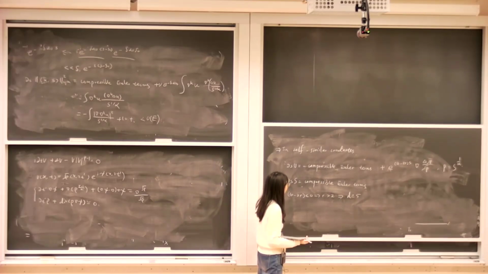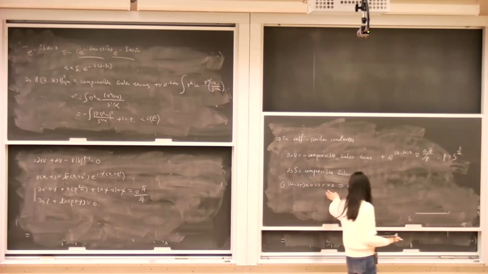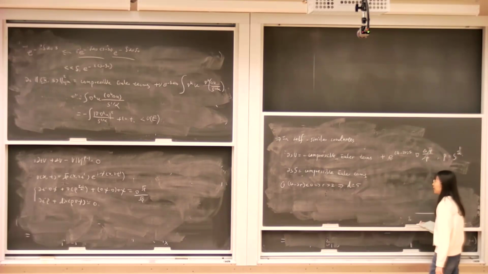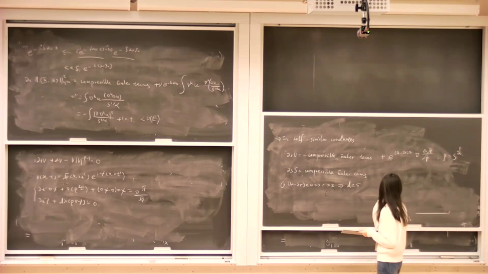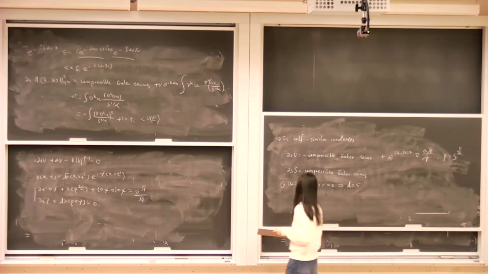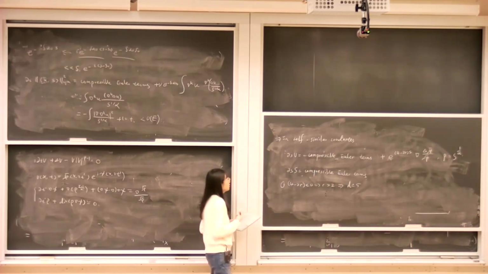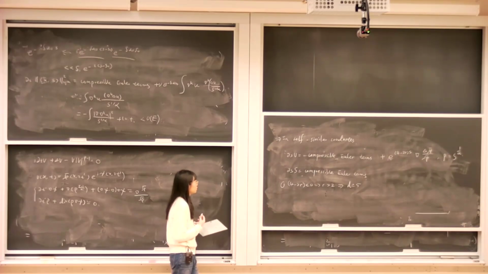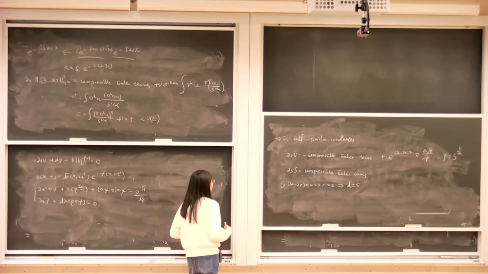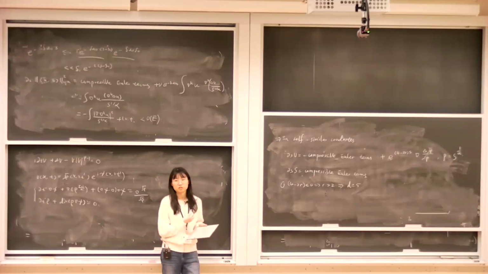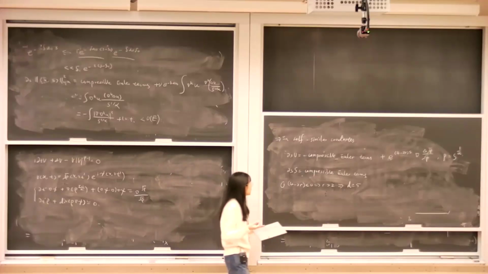So basically, the higher the dimension, the higher the nonlinearity, the much easier you can get the R greater than 2. That's how it works. And then the second, the derivative loss. The derivative loss cannot be controlled directly by this bootstrap argument. So basically, the highest energy should be changed to another energy.